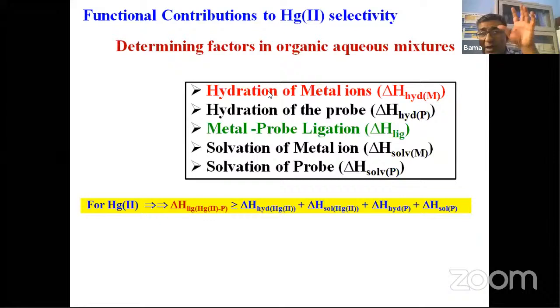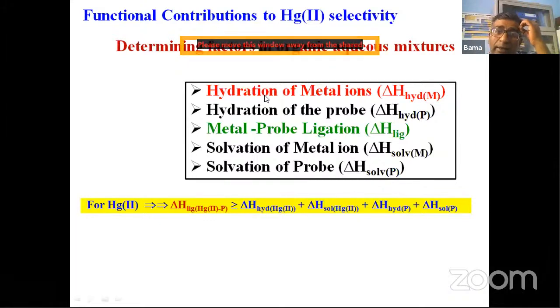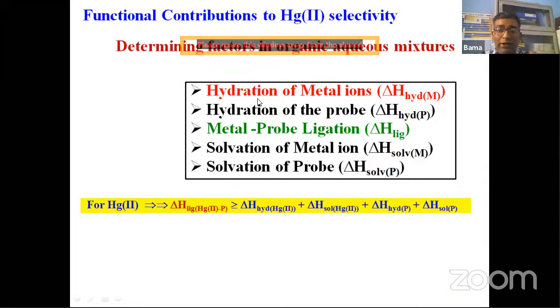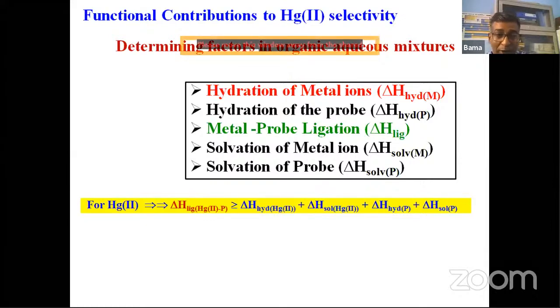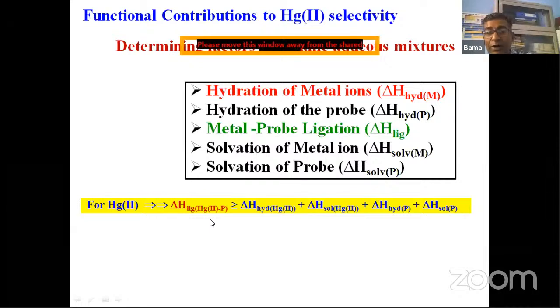So we determined that it all depends on the dynamic equation between the hydration of metal ion, hydration of the probe molecule, then the metal probe ligation, then the solvation of metal ion, solvation of probe. And for the mercury case, the enthalpy change of mercury probe interaction has to be more than the hydration enthalpy, solvation enthalpy of the metal ion, and hydration enthalpy, solvation enthalpy of the probe.